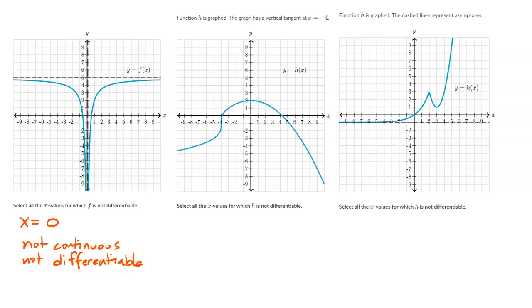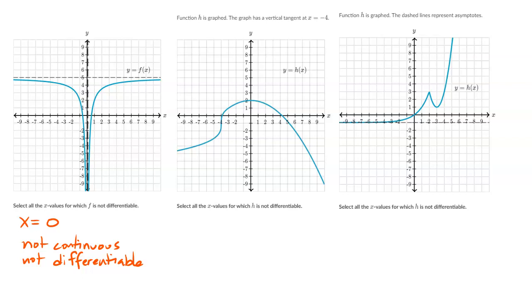If we put these in terms of multiple choice, you guys are going to get questions where it'll give you a specific x value and say, at x equals 0, discuss the continuity and differentiability. You're going to get 4 choices. Not continuous, not differentiable. Not continuous, differentiable.